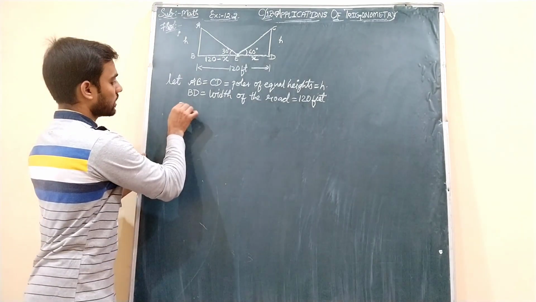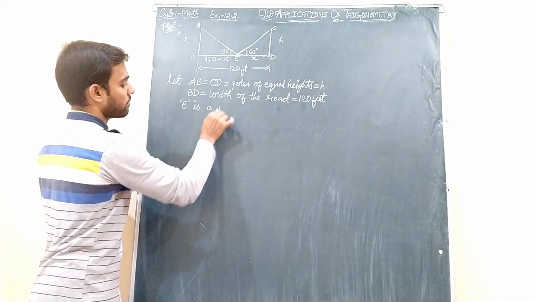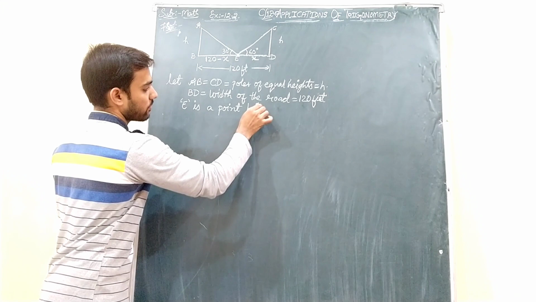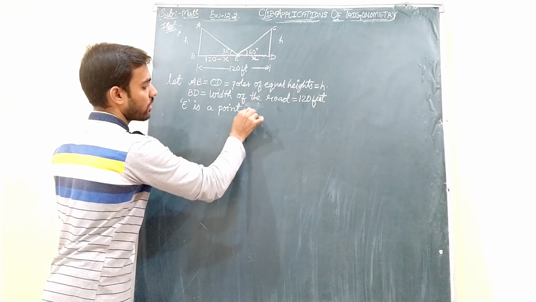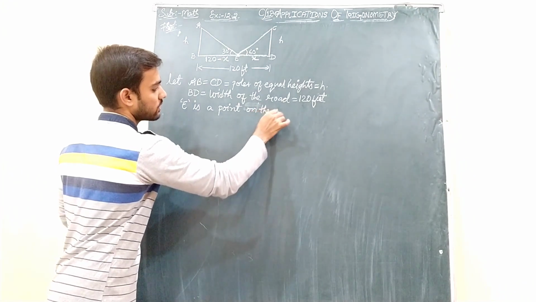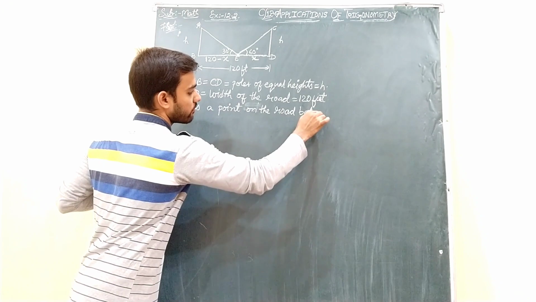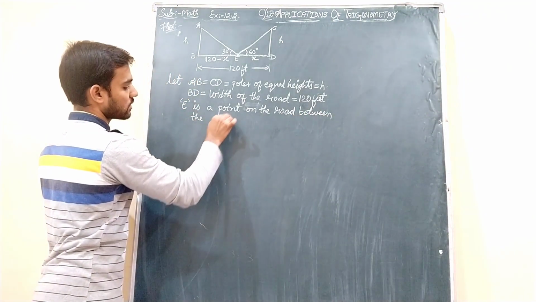Next, E is a point on the road between the poles.